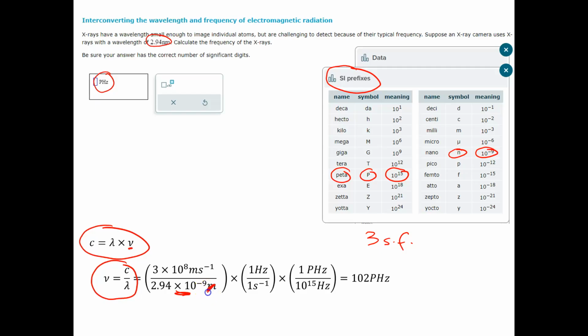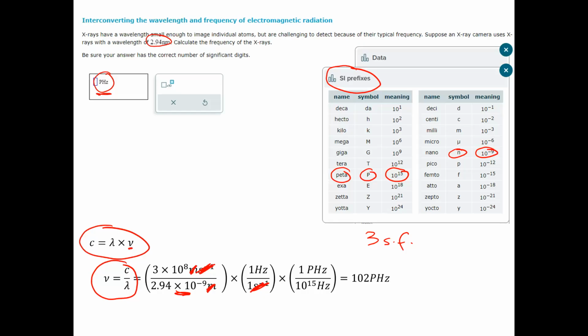Now that will give me the frequency in seconds to the minus 1, but we're asked to give the frequency in petahertz. So the first thing that I want to remember is that 1 hertz is exactly the same as 1 wave per second. So don't get fooled by that.